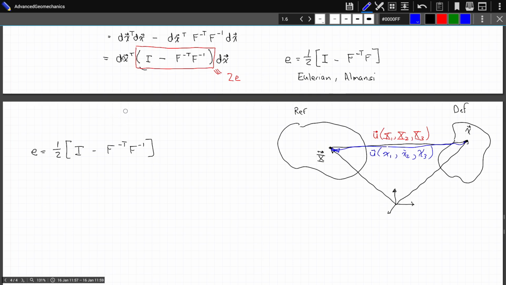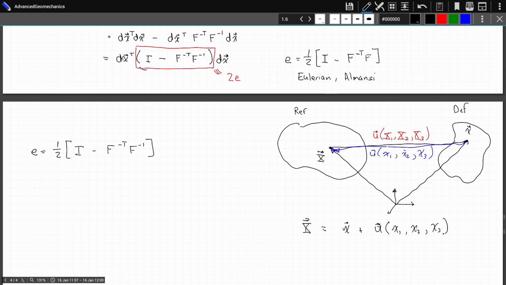Let's go back over here and remember, we can write X is equal to little x plus u, where u is a function of x1, x2, x3.